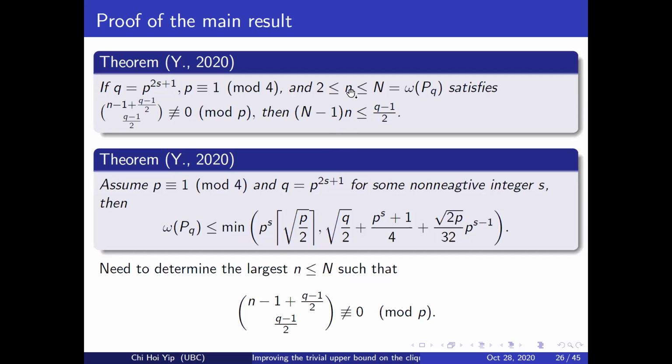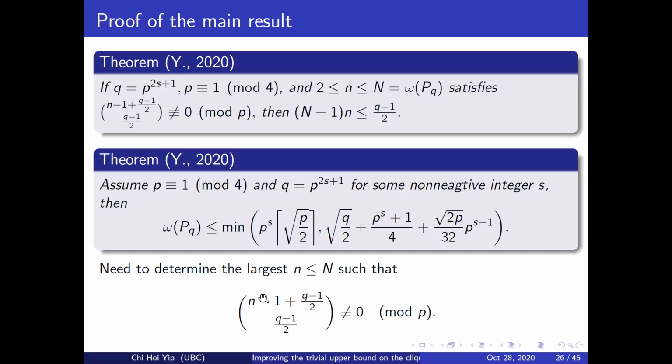Because we have additional parameter little n here, if we try to get the best upper bound on capital N, then we need to find the largest little n bounded by capital N such that this binomial coefficient is not congruent to 0 modulo p. And after finding that largest little n, we can solve it by, for example, using quadratic equations.